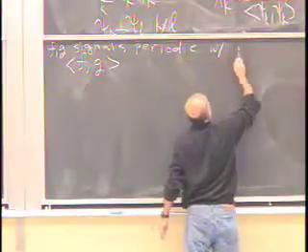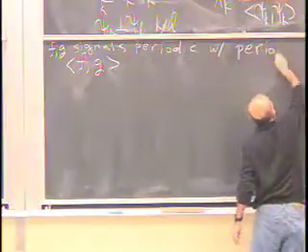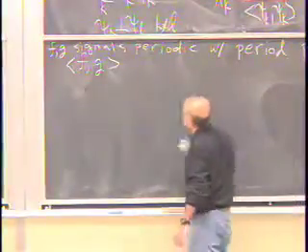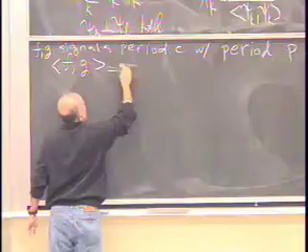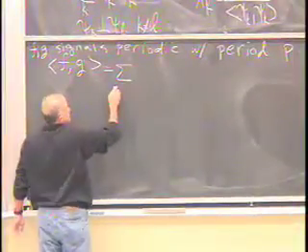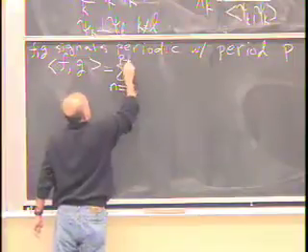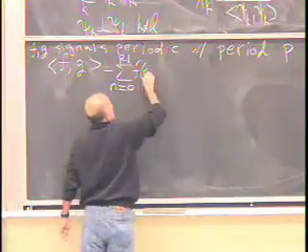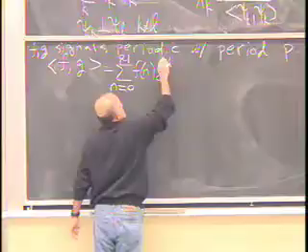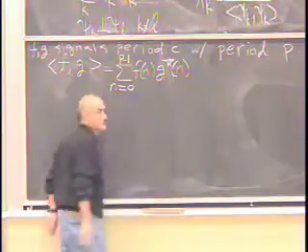Periodic with period p, the inner product of those two signals will always be the sum over n from 0 to p minus 1 of f of n g star of n.